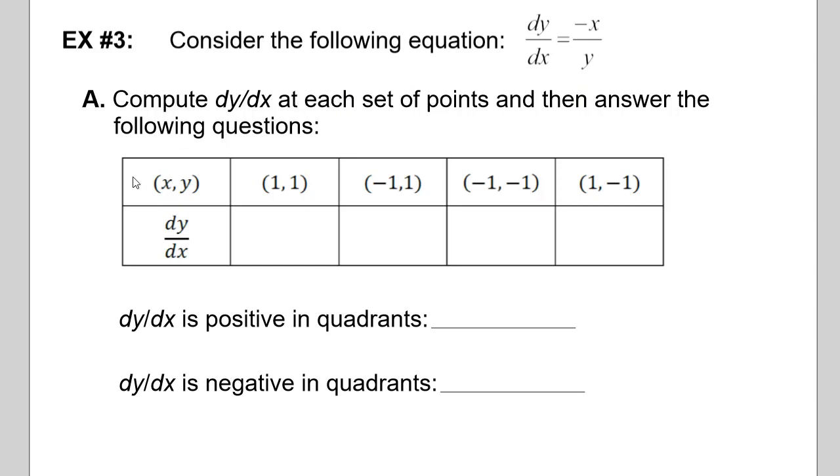We're going to study this for a variety of points as we look around in different quadrants. If we start with the point (1, 1), then dy/dx, which is negative x over y, is going to be negative 1.